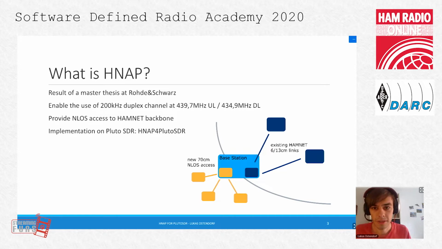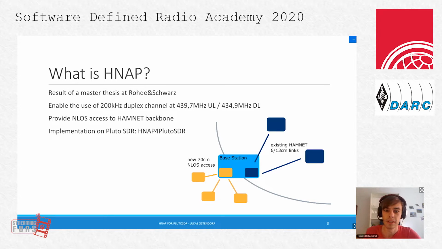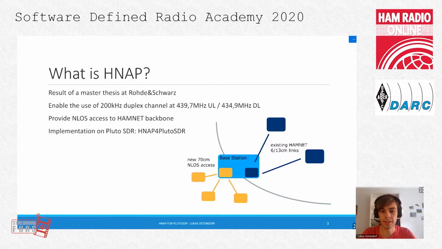HNAP exactly tries to fix this problem. HNAP, as I told before, is a result of my master thesis at Rohde and Schwarz. In the thesis, we try to enable the use of a 200 kilohertz duplex channel in the 70 centimeter band. Using the 70 centimeter band has a huge benefit because of the low carrier frequencies.